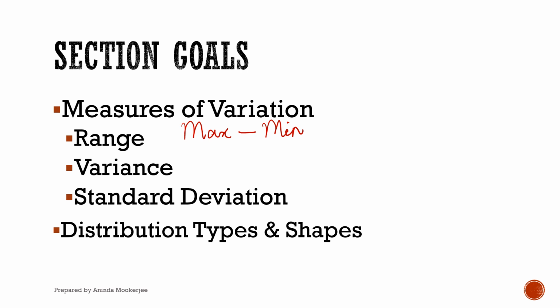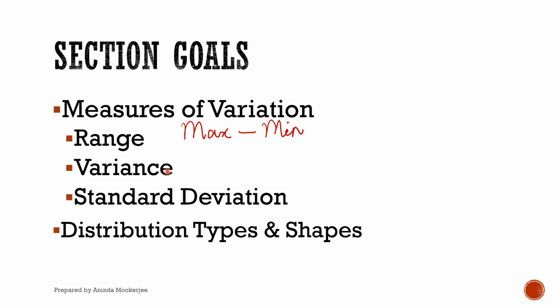So it tells us the variation between just two values in the data set, the highest value and the lowest value. It does not really tell us much about how the other values in the data set vary from each other, right? For that, we have to learn about variance.